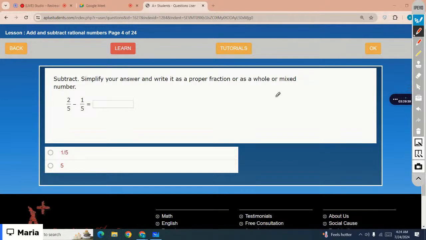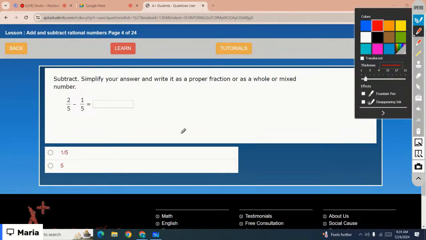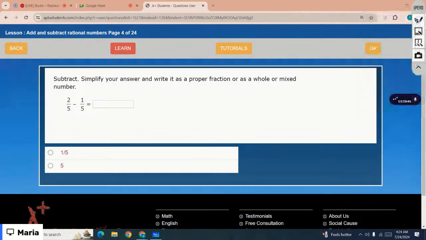The correct option is 1 over 5. They have like denominators, so you simply have to subtract their numerators. The correct option is 1 over 5. Option number 1 is the correct option.